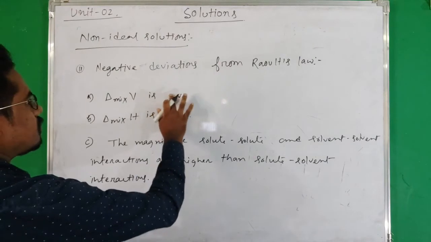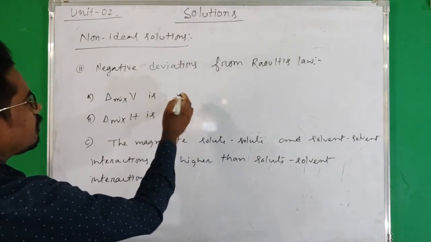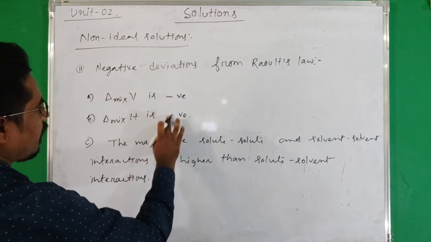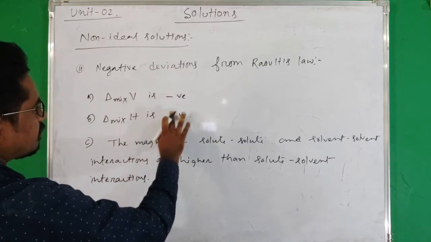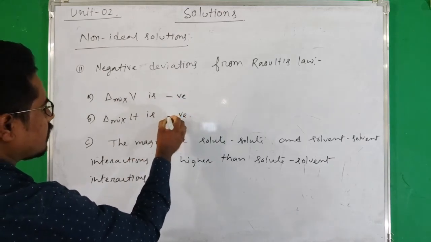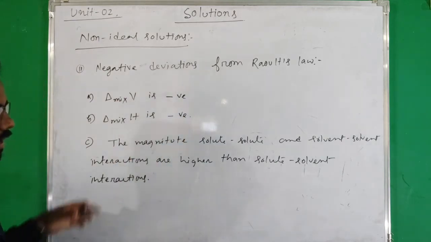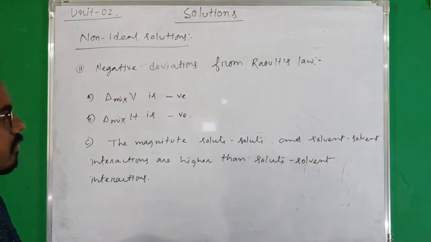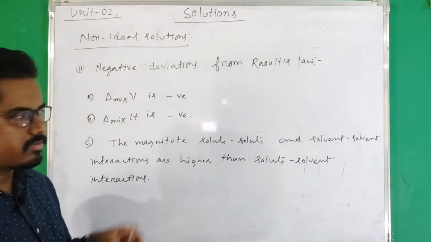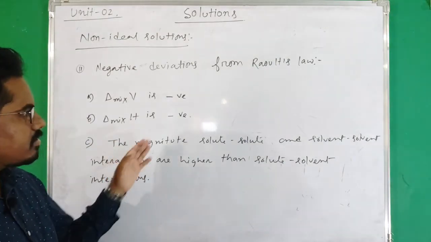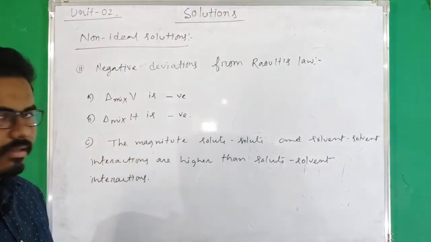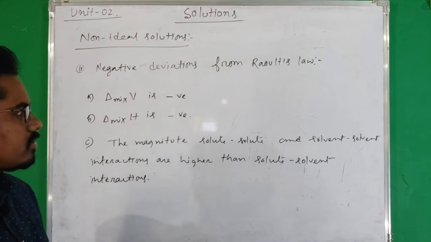In case of these solutions, the volume of mixing is always negative and the enthalpy of mixing is also negative. That is, the process is exothermic. In the previous case, the process was endothermic, that's why the enthalpy of mixing was positive, and in this case the enthalpy of mixing is negative, therefore exothermic.